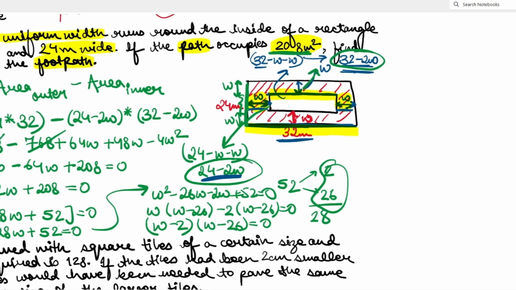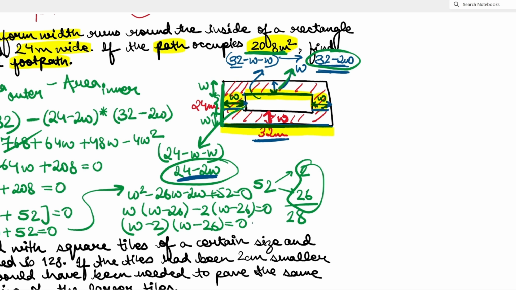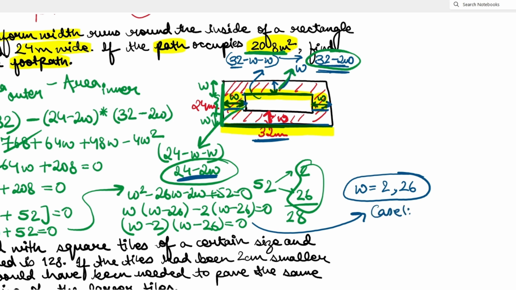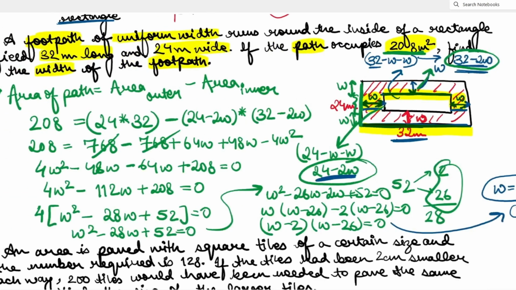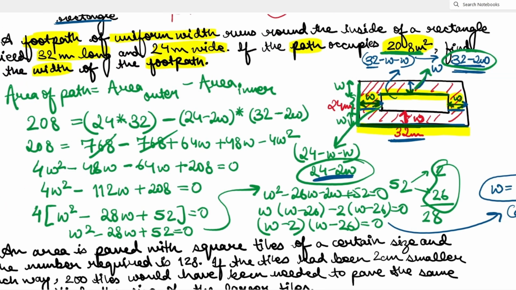After solving this, W becomes equal to 2 and 26, these two values. Now again, we'll take case 1 and case 2. The question says to find the width of the footpath. So how will you calculate it?